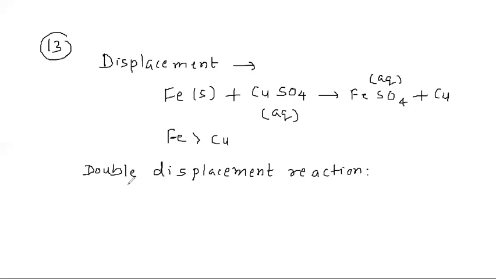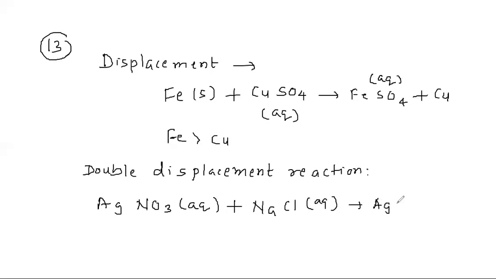Here we can write examples like AgNO3 in aqueous form plus NaCl aqueous gives AgCl in solid form, which settles at the bottom, and NaNO3, which remains in aqueous form.